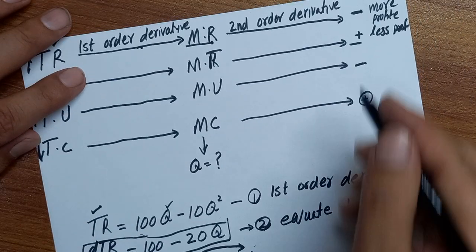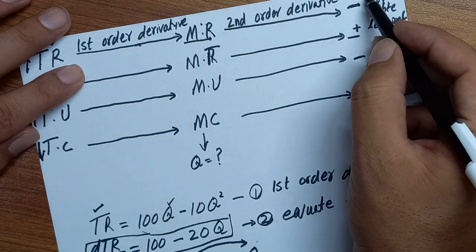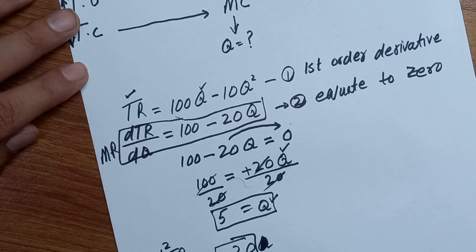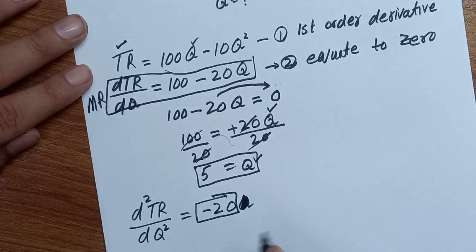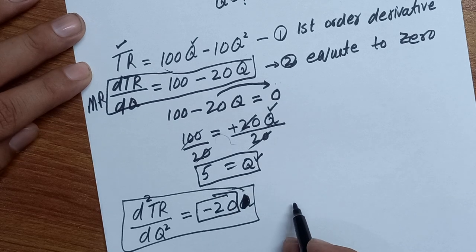And we say that when it is minus, it will give more profit. So the value of the second derivative is minus 20, so it is good. This is the end of the question.